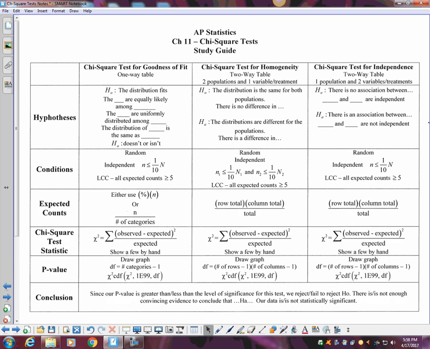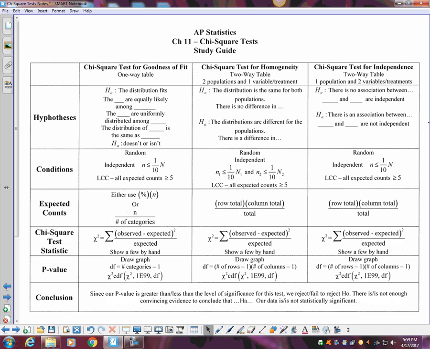And it said that you took a sample of 1,000 people and then separated them by gender and how they reacted to a scary movie. That's one population with two treatments. But if I arranged my study so that I took 500 women and 450 men, then that's now two populations, one treatment. So you have to really read about what their sample is coming from, if it's one population or two.